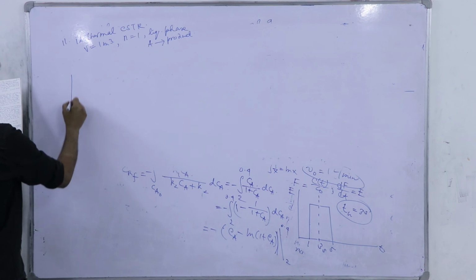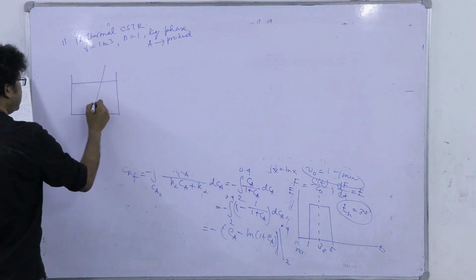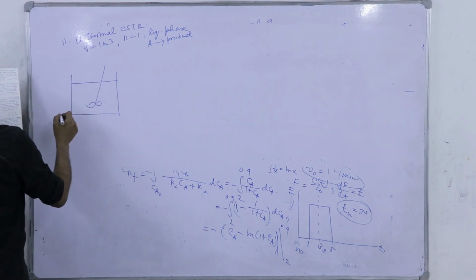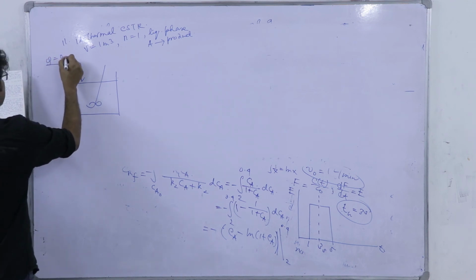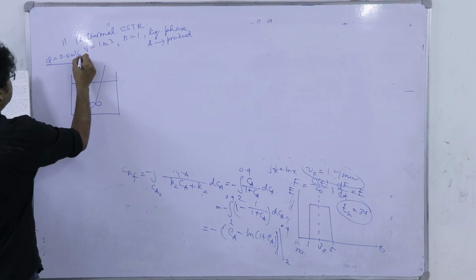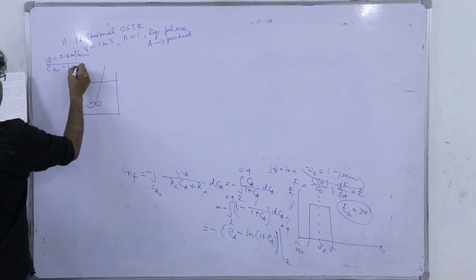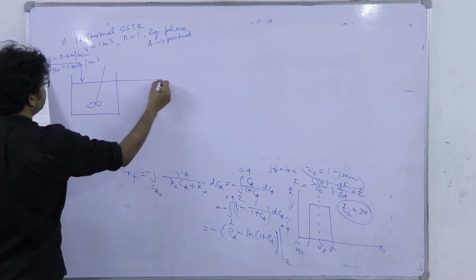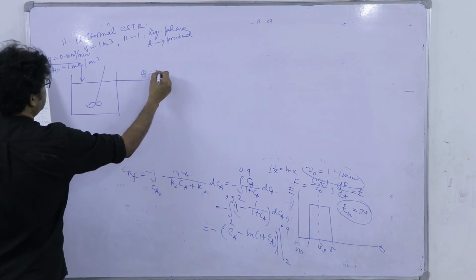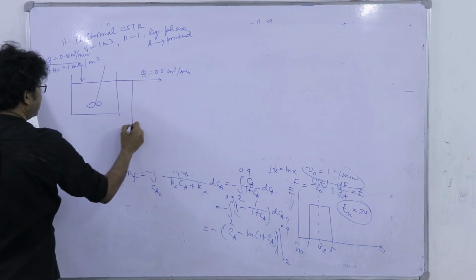So, okay, let me draw the setup. Q is equal to 0.5 meter cube per minute and Ca naught equal to 1 mole per meter cube, and there is a recycle.